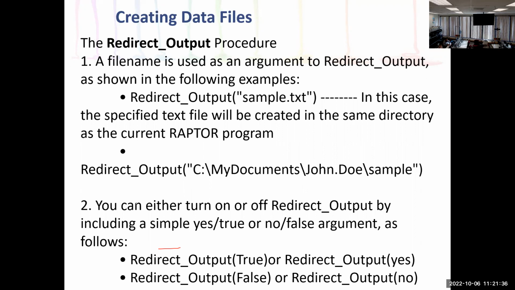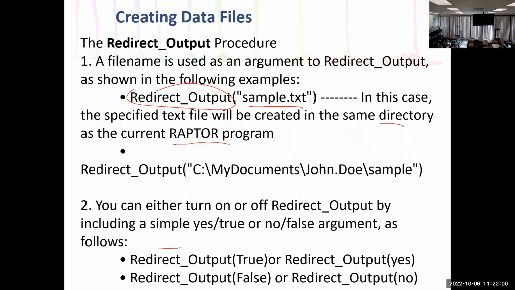Think about this one here. When you have redirect output and you put the name of the file, it generates the file. You automatically generate the file with the name sample.txt, and it is stored in the same directory as your Raptor program.